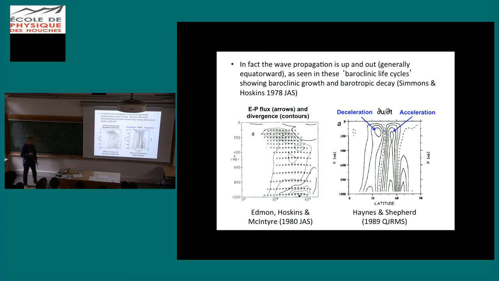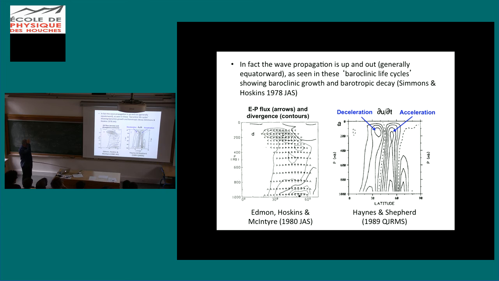And then Edmon, Hoskins, and McIntyre, in this paper, after deriving these EP fluxes, which were being derived around the same time. So the EP flux is the del dot F, that's of course the divergence. So the arrows, this is the EP flux divergence. This is a cross section. This is latitude here, this is pressure shown here, but on a linear scale.